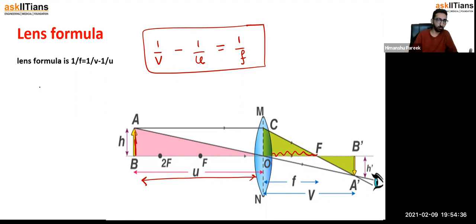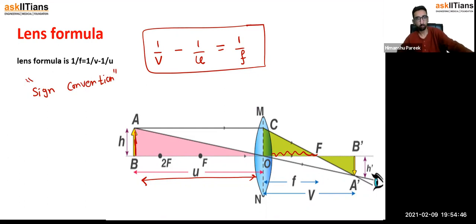Sign convention is important. You must use this lens formula with the proper sign convention, because if you forget the sign convention, then you should also forget the marks, because sign convention is the most crucial thing here. If we don't use a sign convention, definitely I can guarantee that you're going to lose the marks. It's not like you simply put positive for everything.